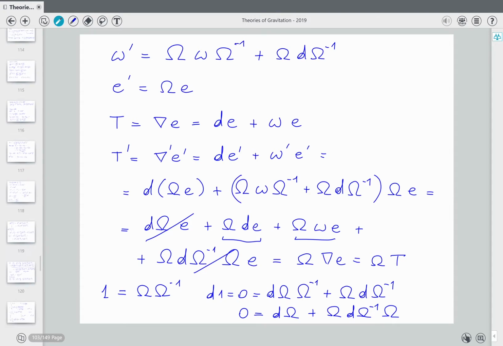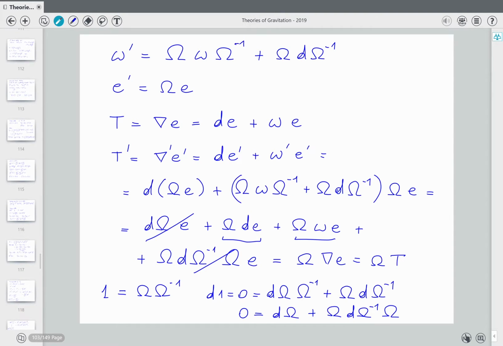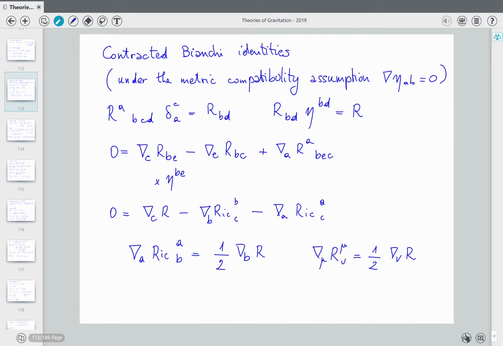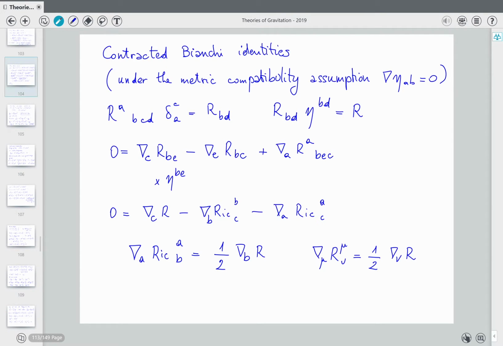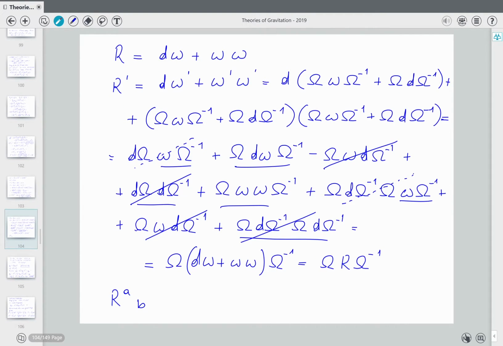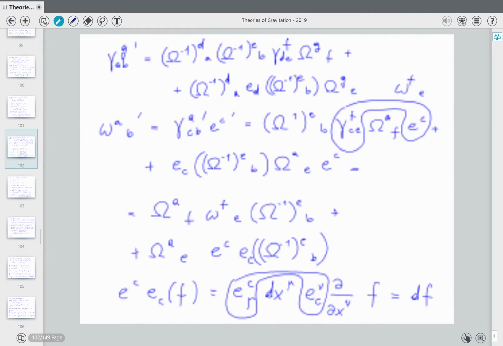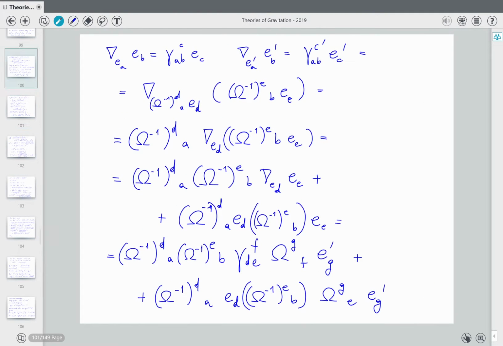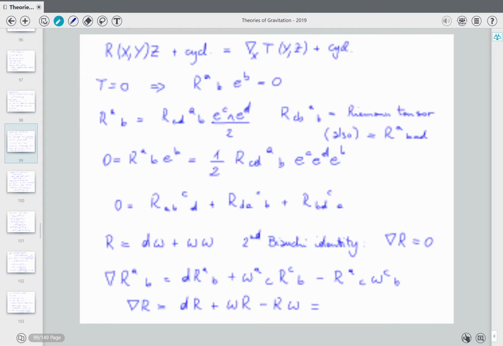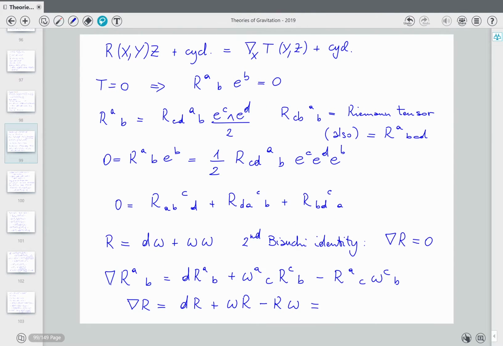It was the other place where we wrote the Bianchi identities. Contracted Bianchi identities, no. Here. Yes, here I copied that Bianchi identity with the missing term, so again there is T(x,[y,z]).